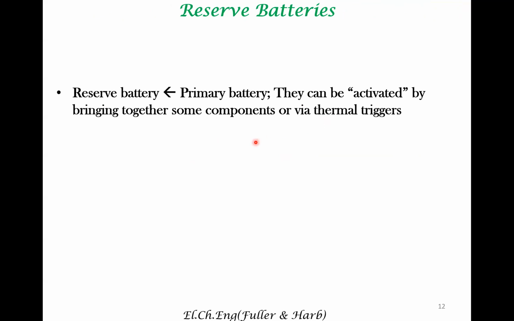In the previous slide, the electrolyte was brought together to activate and trigger the discharge of the battery, or the anode and cathode components can be brought together to initiate the discharge of the battery. Or you may also have thermal triggers. A change in temperature might change a particular property of the electrolyte. Maybe, let's say, it makes the electrolyte more conductive, and this may initiate the discharge of a battery.